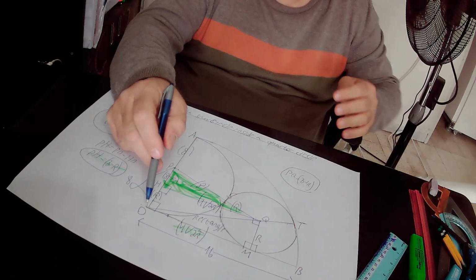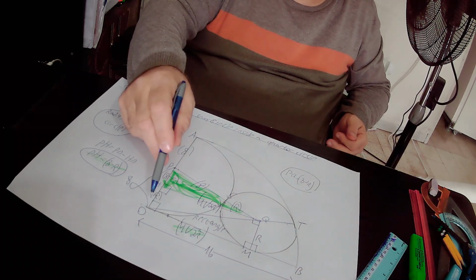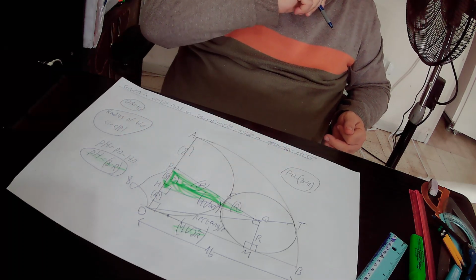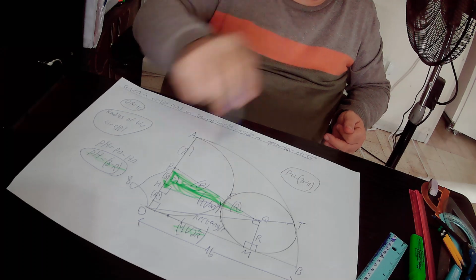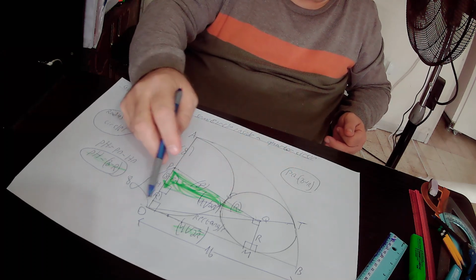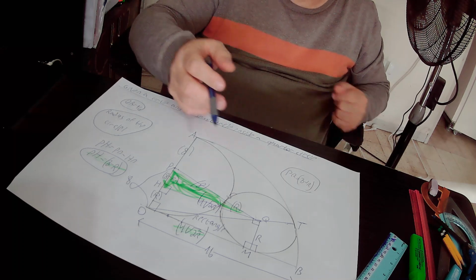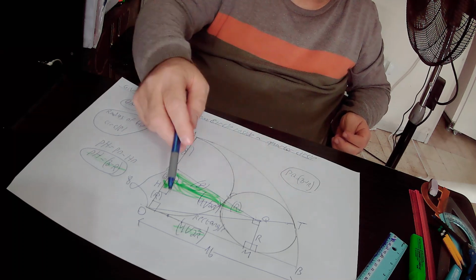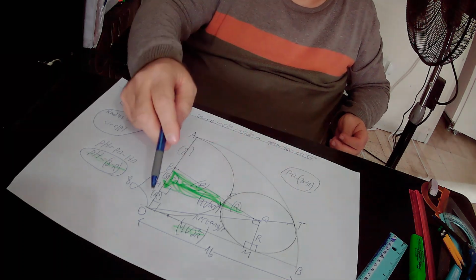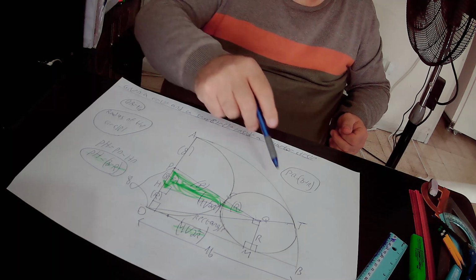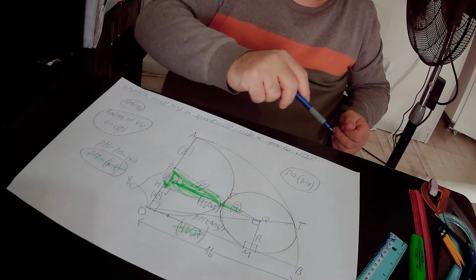Repeat again, this is one straight line, OQT. If OQT is one straight line, it means that OT is also one straight line. But what is the definition of straight line OT? OT starts from point O, the center of this quarter circle, and ends at point T, a point on the quarter circle itself.